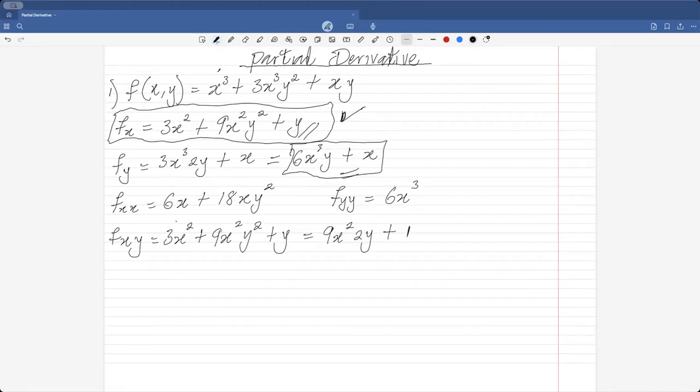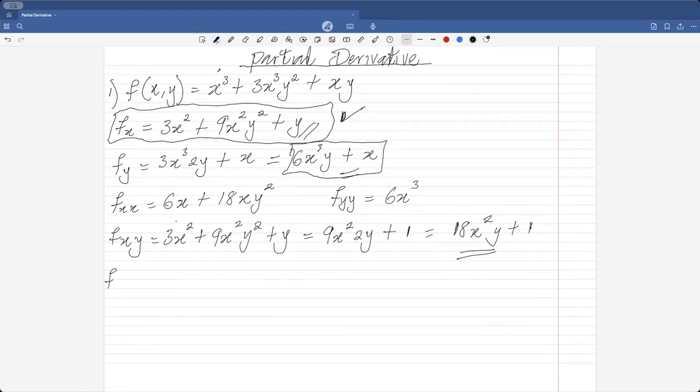So the final answer becomes 18x squared y plus 1. And this is our final answer for this problem.